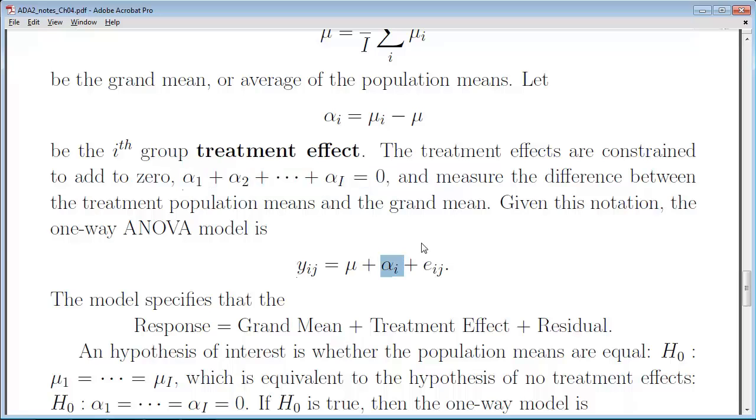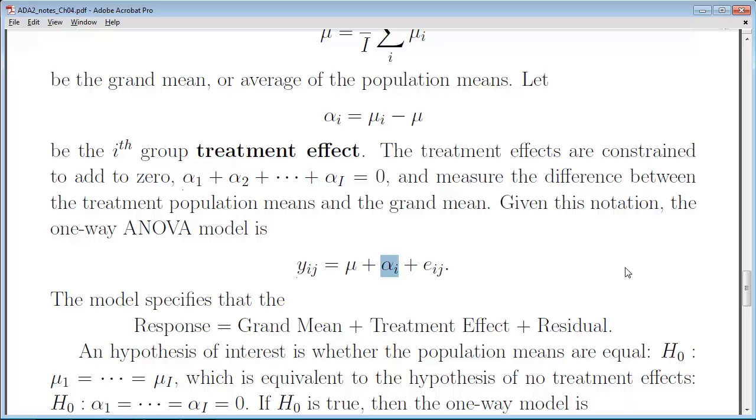SAS does the same thing but in a different way. SAS is another software. R specifies the first treatment group: it sets alpha 1 equal to 0, which makes mu the mean for the first group. And then groups 2, 3, and 4 are the differences from that first group.